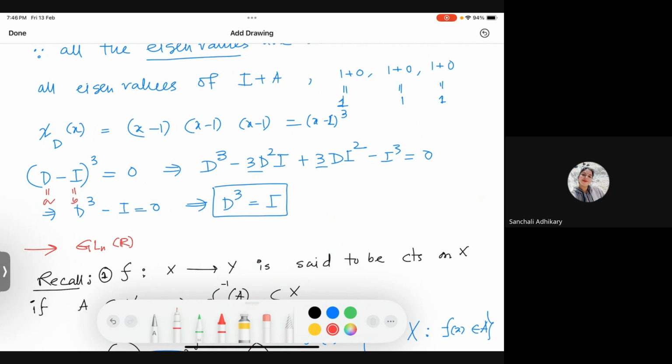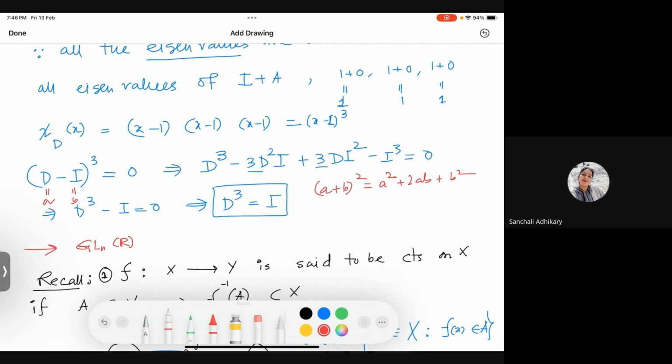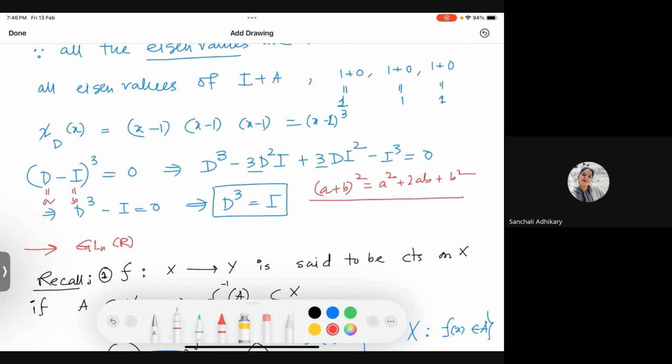In the last lecture, I think there was a question, right? Is this formula true or false? What I said is that this is not true in general.